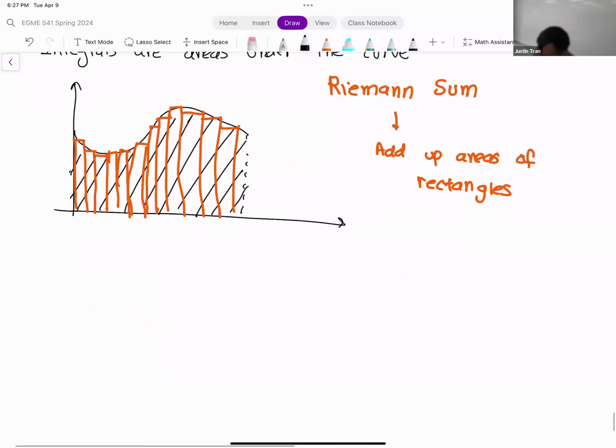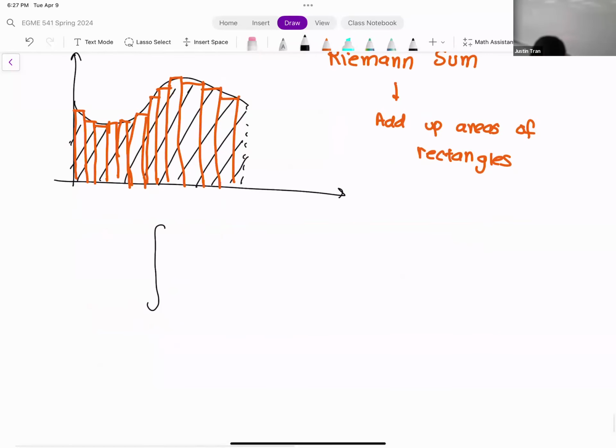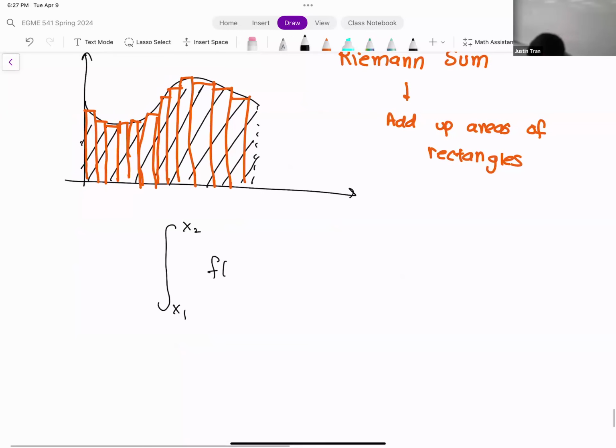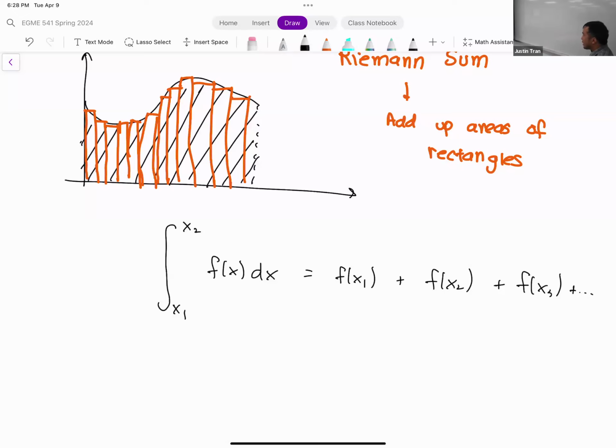Okay. So now your integral expression, the integral from x1 to x2 of f of x dx, instead of being an operation in calculus, is now an operation in geometry and algebra. So now you can say that this integral is equal to f of x1 plus f of x2 plus f of x3, and so on. Those x1, x2, x3 are the locations of all the rectangles.